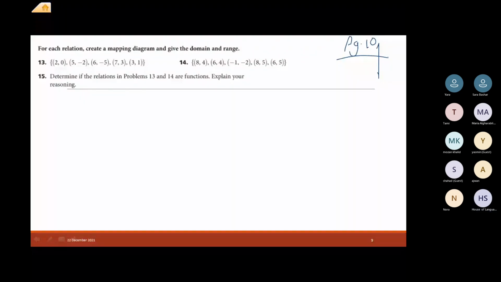Function or no? Okay, that's a function. Now, if I check for you, solve 14. Teacher, do negative count? Bravo.